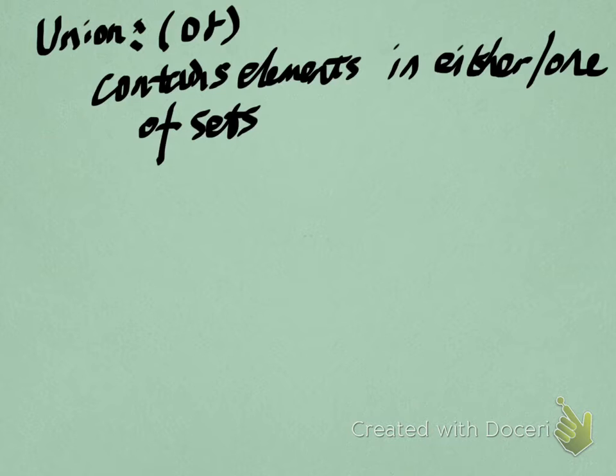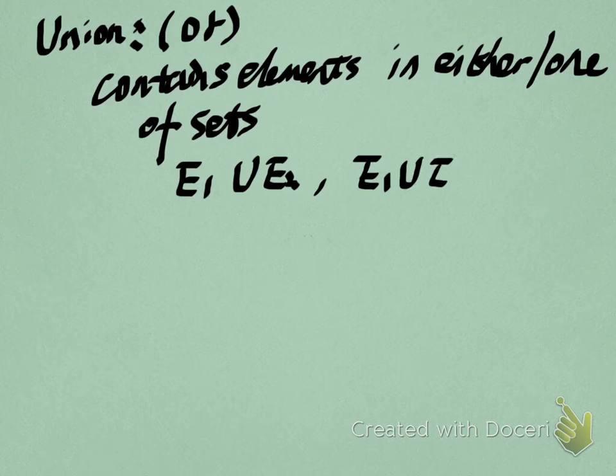In this case we denote this by E1 union E2 with this notation. And of course we can have several sets, like E1 union E2 union E3.